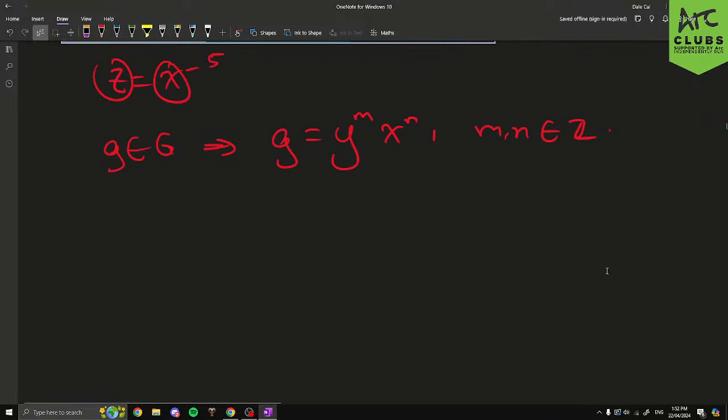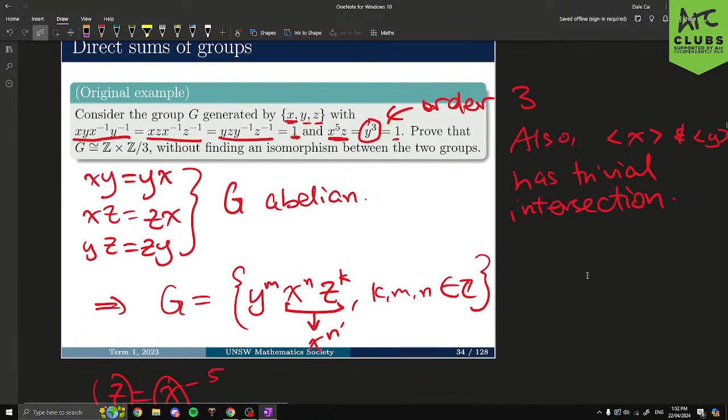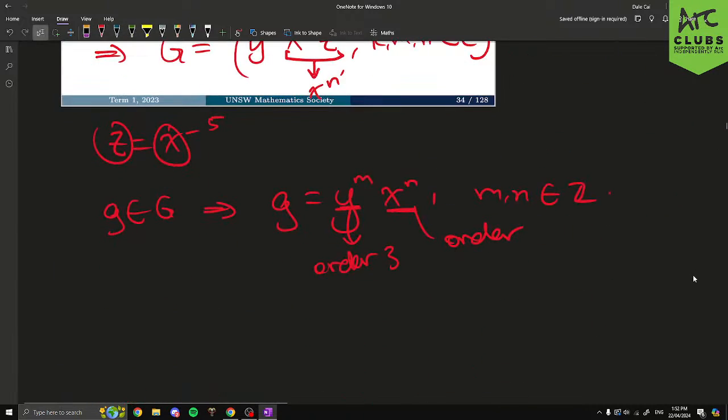Okay, so what does that mean? Since I'm essentially generated by y and x, y has order 3. x has order, well, it doesn't say anything about x to some power equaling 1, so we can say it has order infinity.